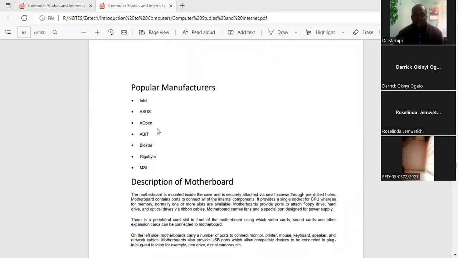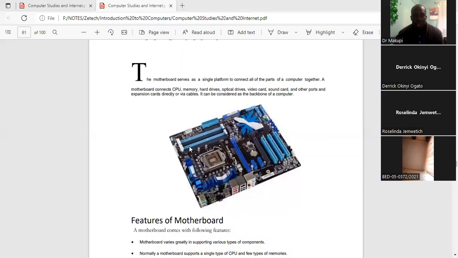These are examples of popular manufacturers of motherboards. The components in the motherboard need to be compliant with the manufacturer. For example, the RAM chips, most of the time, might not be exactly similar, so they might not fit these particular slots, considering that these RAM chips come from different manufacturers. So they need to be compliant to the manufacturer.